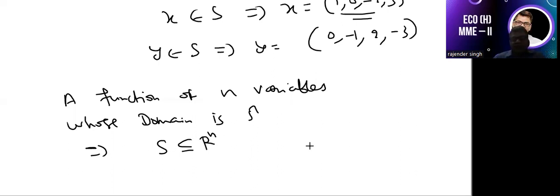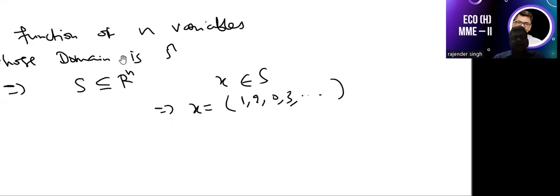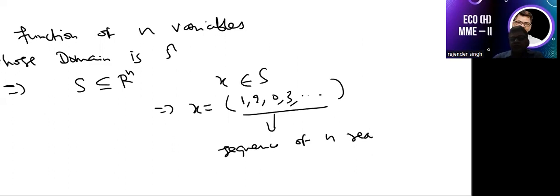So if I say X is any member of set S, it means X can be of the form 1, 2, 0, 3, and so on, and this contains n entries. That means this is a sequence of n real numbers, right?